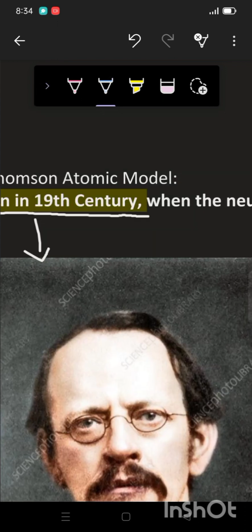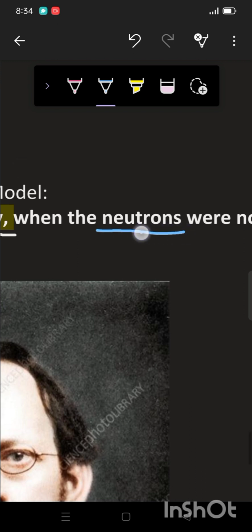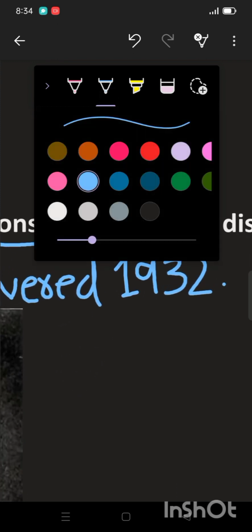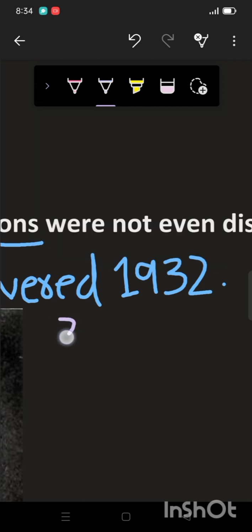But neutrons were not discovered, since we know that neutrons were discovered in 1932, which means in the 20th century.